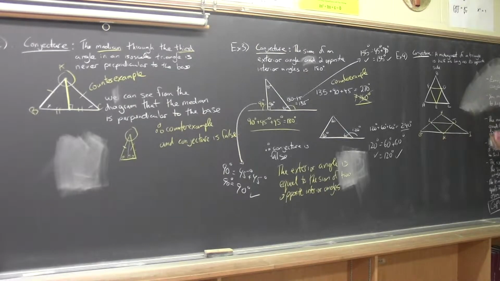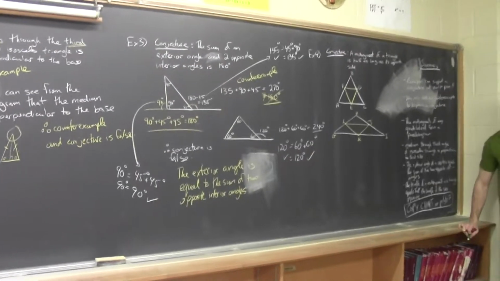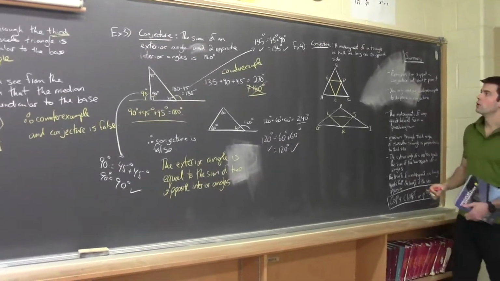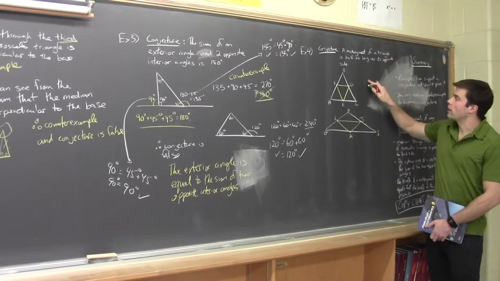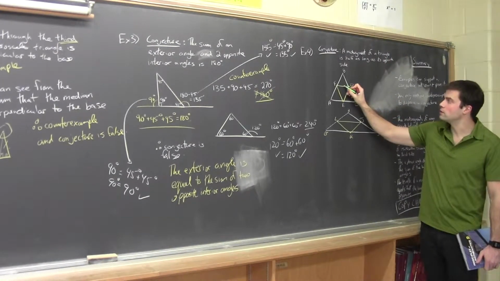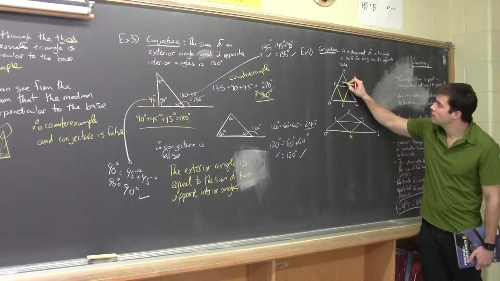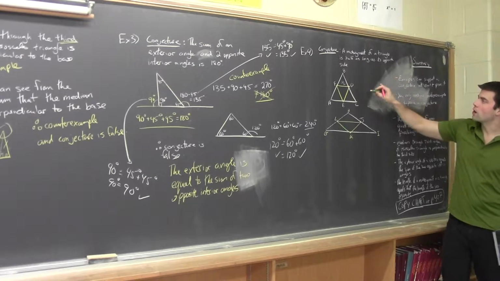All right, last example. So the conjecture says a mid-segment of a triangle is half as long as its opposite side. So what am I talking about here? A mid-segment of a triangle. So in this case, this is a mid-segment. Remember, connecting two midpoints, this is a mid-segment. So I'm saying that this is half as long as its opposite side.